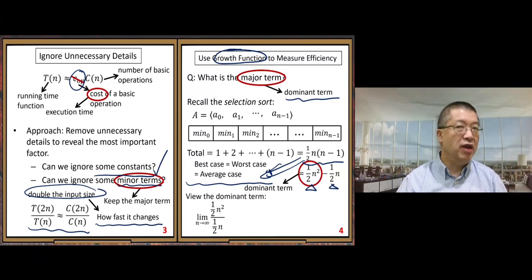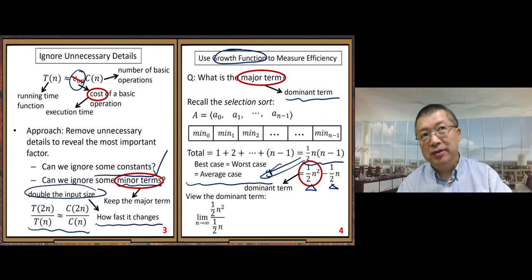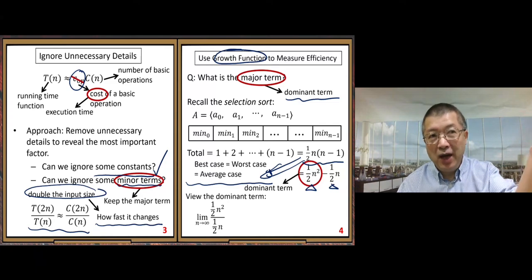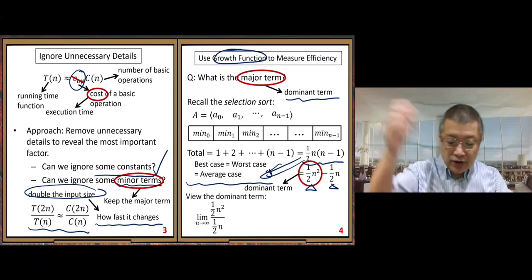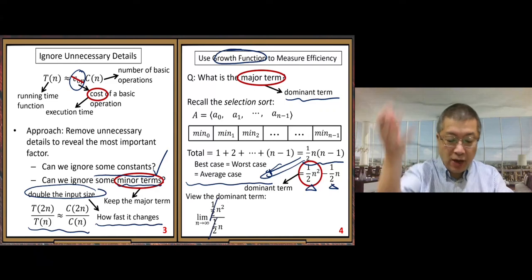We just look at the absolute values. I hope you know the limit concept from calculus, how to calculate basic limits. Here, this limit is very easy to calculate. First, we cancel out 1/2 and 1/2, the same constant.